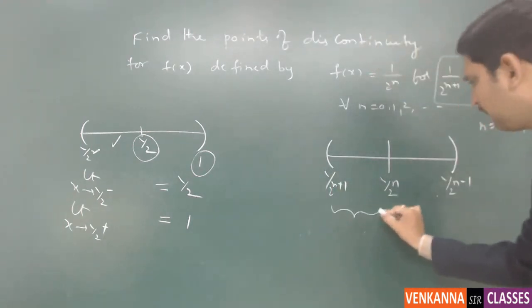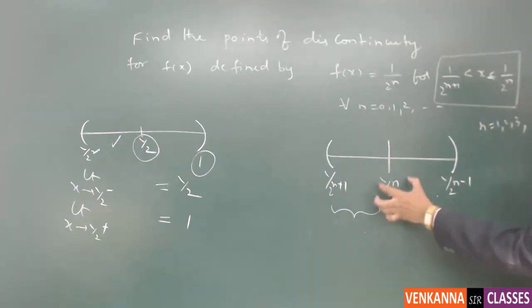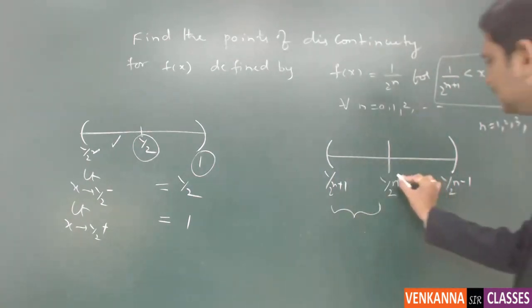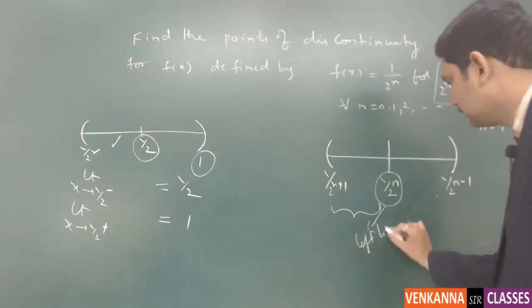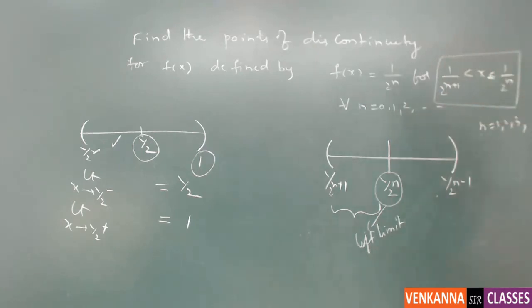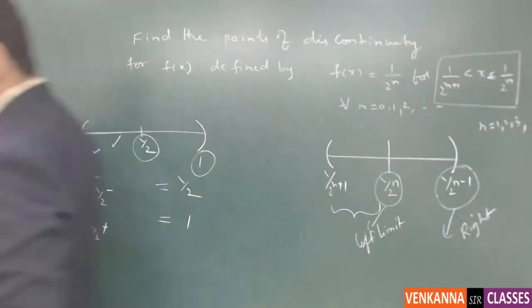In this left neighborhood, the upper part is 1/2ⁿ, so this number gives the left limit. In this right limit portion, if you calculate the function value, this is the upper bound, so this gives the right limit value. Both numbers are unequal.